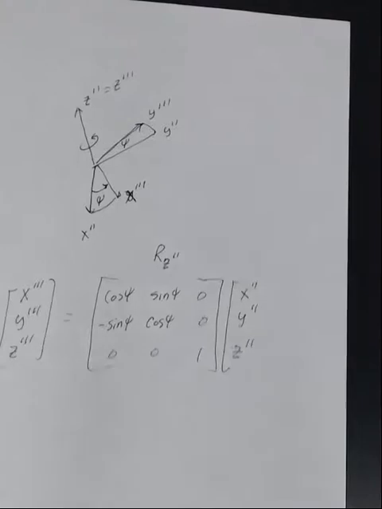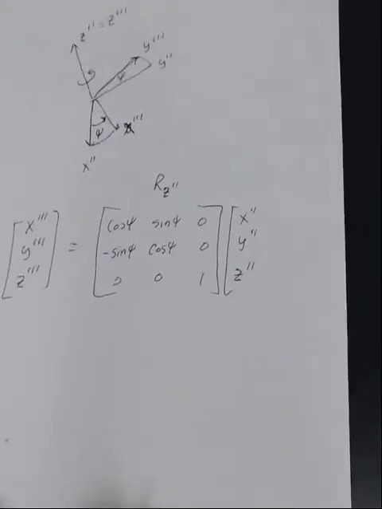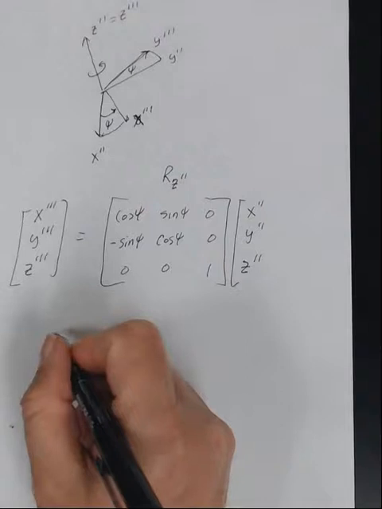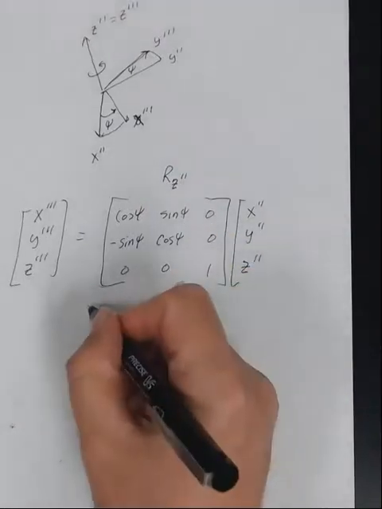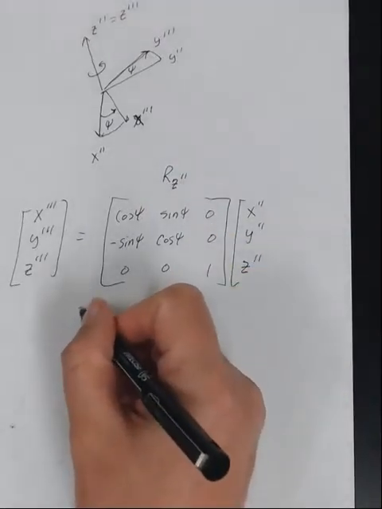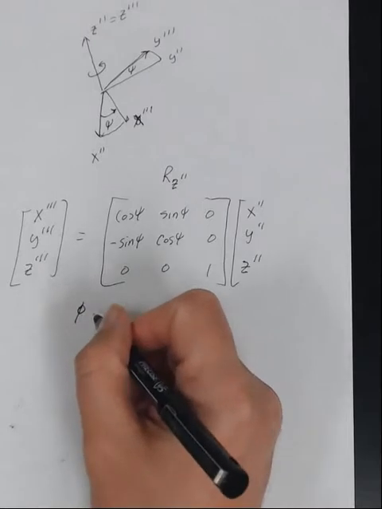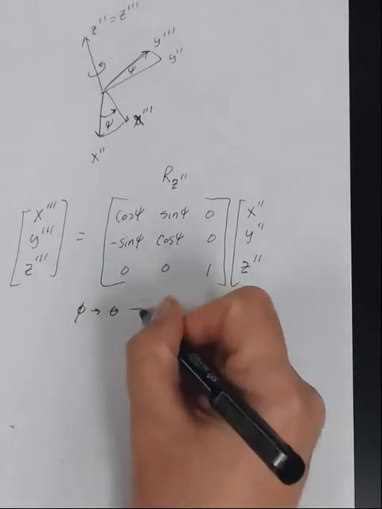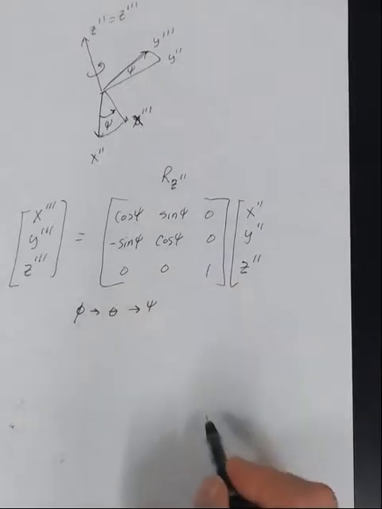So now, in general, to get your rotation, these are the Euler angles. First you rotate by phi, and then you rotate, we call it theta, and then you rotate by psi.